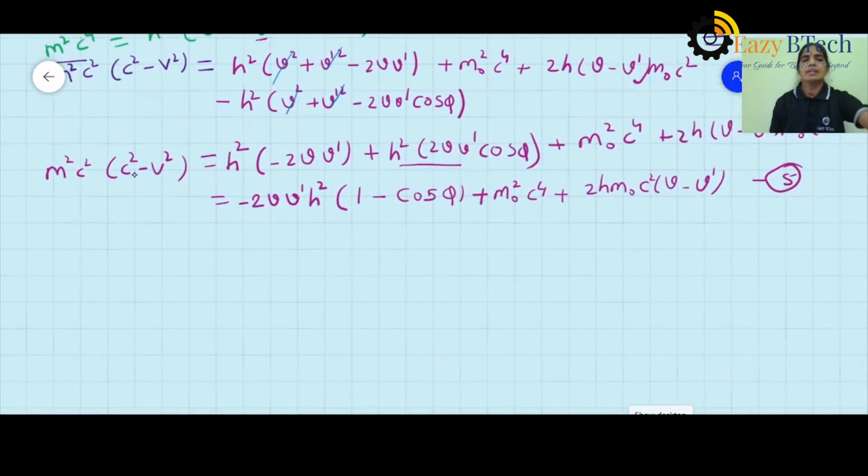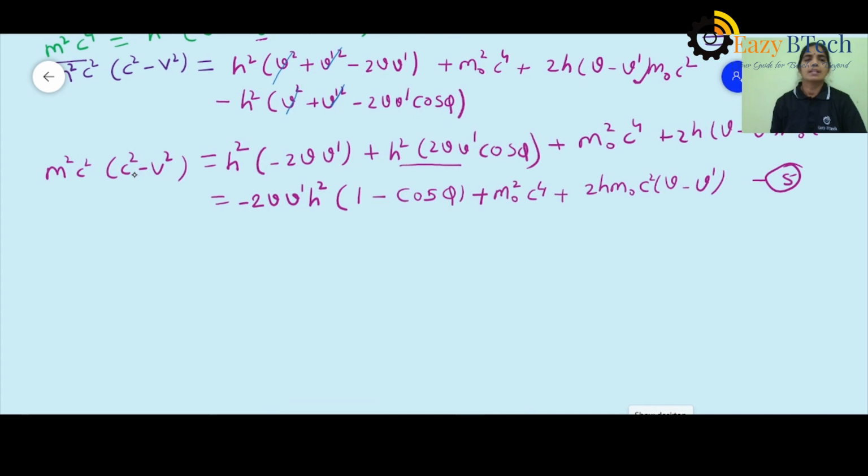Previously we have seen that m is representing the variable mass. So how are we relating that with the rest mass? m equal to m naught by root of 1 minus v square by c square. So the same thing I can write here.